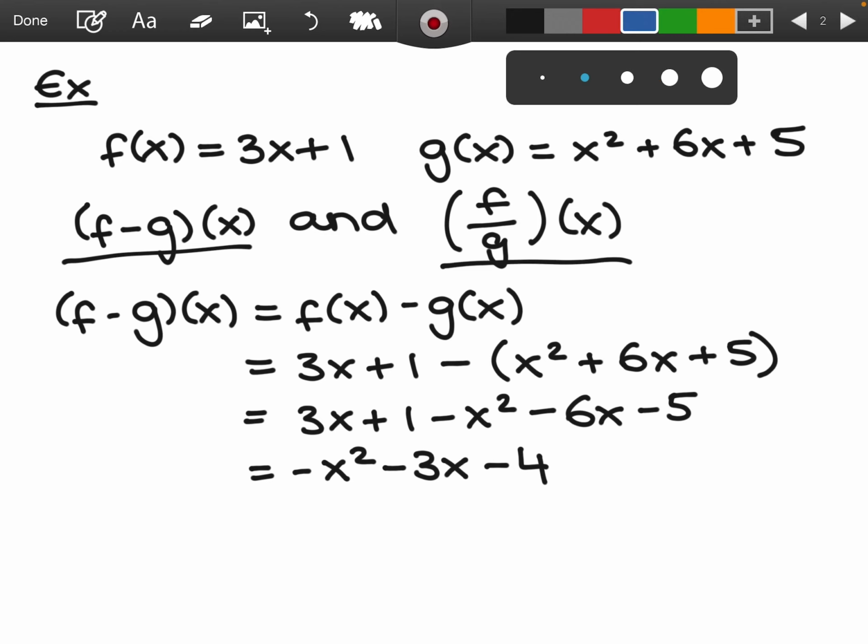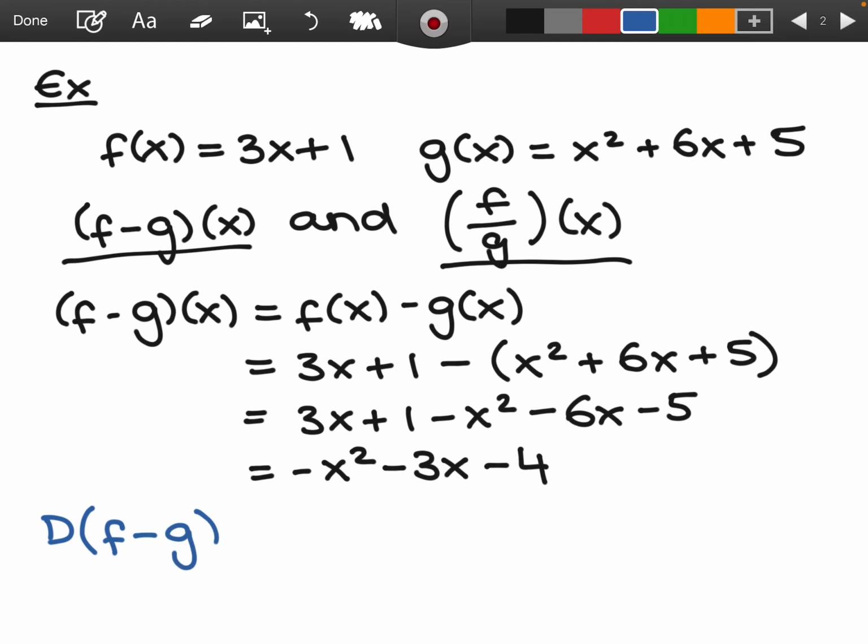So in this case, the domain of f minus g is just the domain of f intersected with the domain of g. Now both f and g in this case are polynomials, which when we looked at the domain in our last video, we said that the domain of polynomials is just all real numbers.